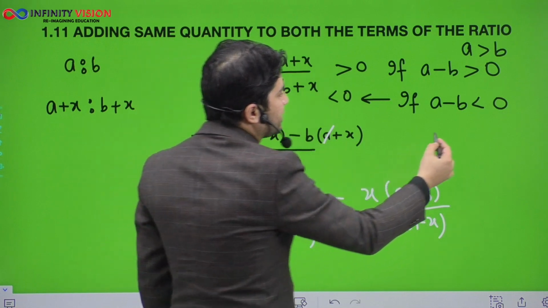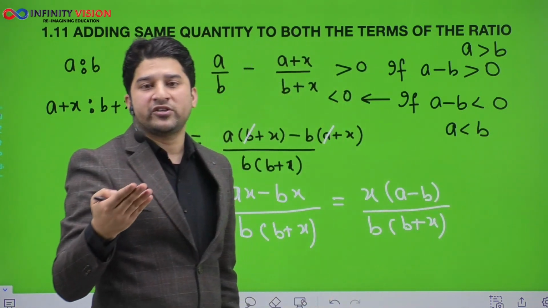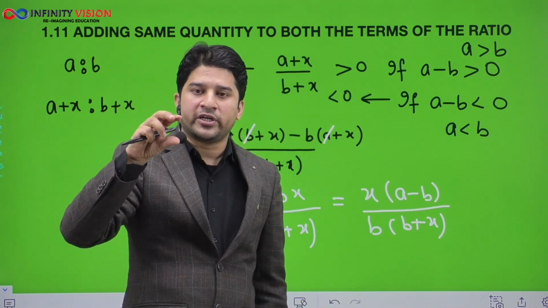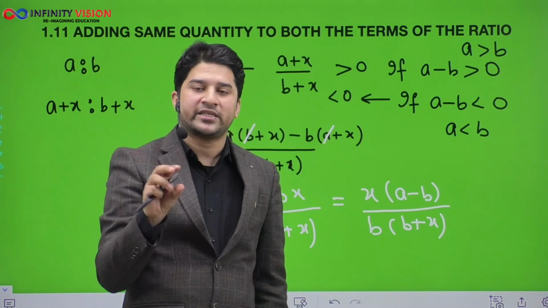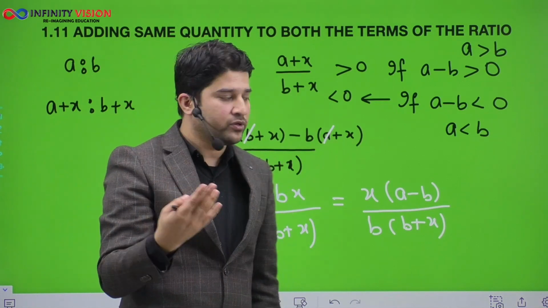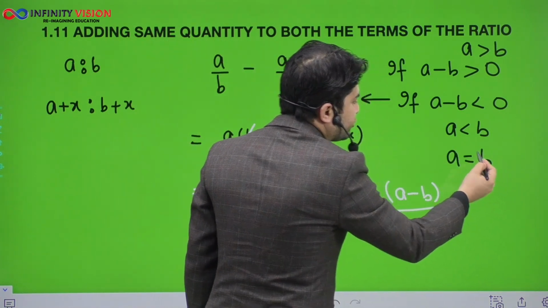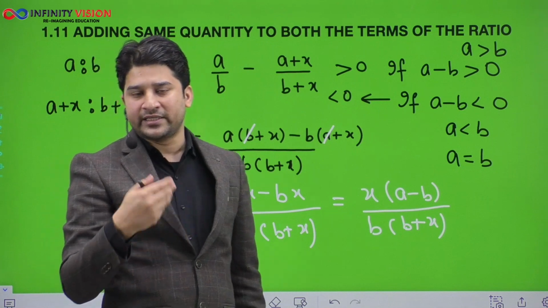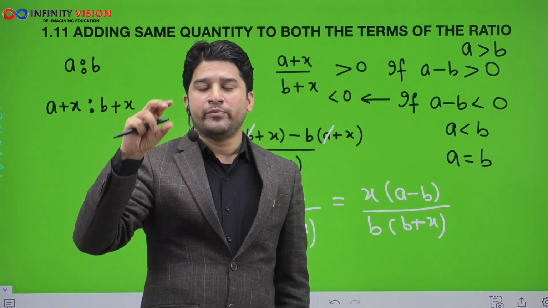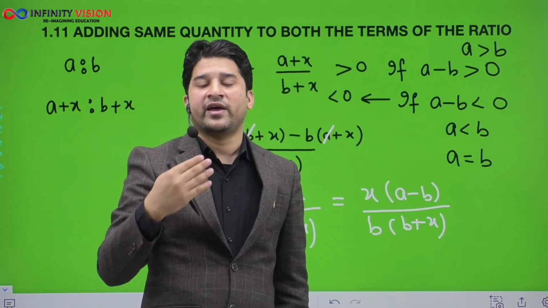And when your antecedent is smaller than consequent, which means that you have a ratio of lesser inequality, and you add the same quantities to antecedent and consequent, the new ratio becomes greater than your previous ratio. And if a equals b, which means you have a ratio of equality, that is antecedent and consequent are equal, then the same quantity being added to antecedent and consequent doesn't change the value of the ratio.